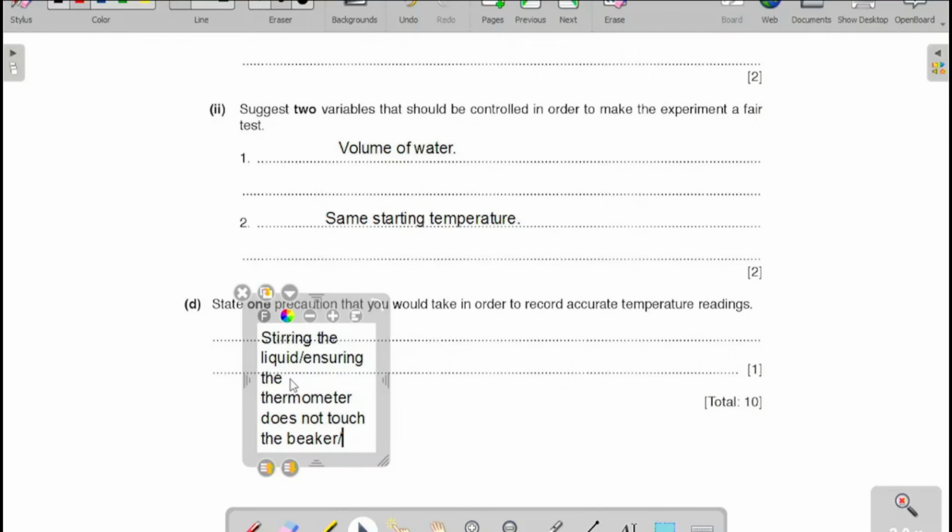and then viewing thermometer readings perpendicularly.